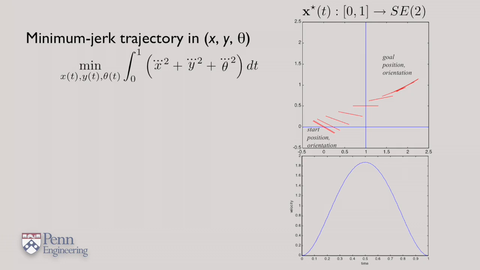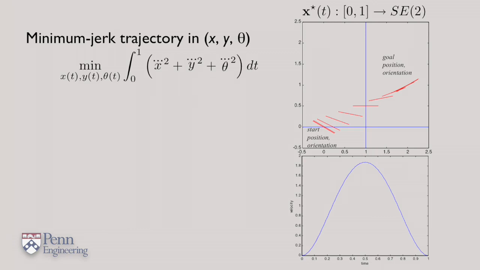We're trying to find a trajectory that minimizes the functional that is given by x triple dot squared plus y triple dot squared plus theta triple dot squared. If I use the version of the Euler-Lagrange equations for multiple dimensions, I end up with a very straightforward solution. I essentially get 3 fifth-order polynomials, one in the x direction, one in the y direction, and one in the theta direction.